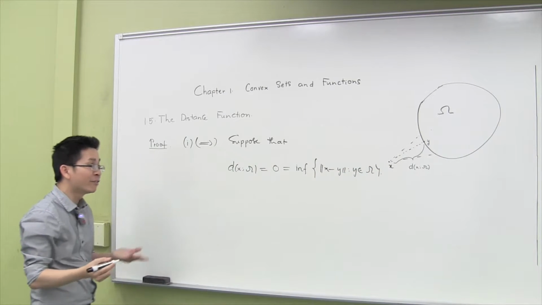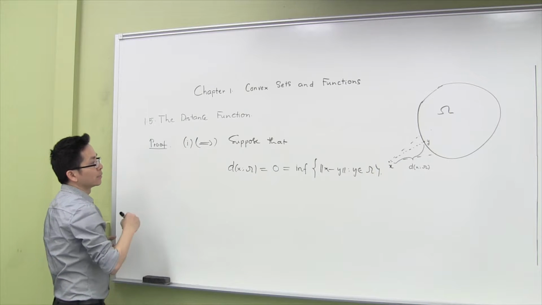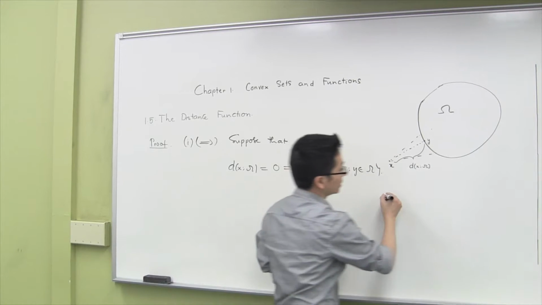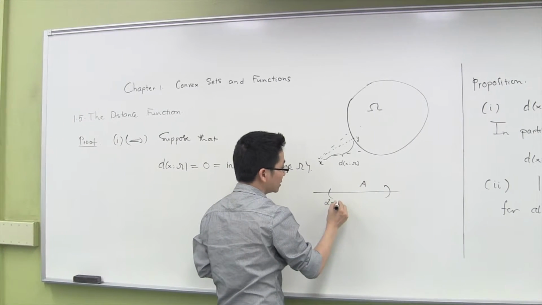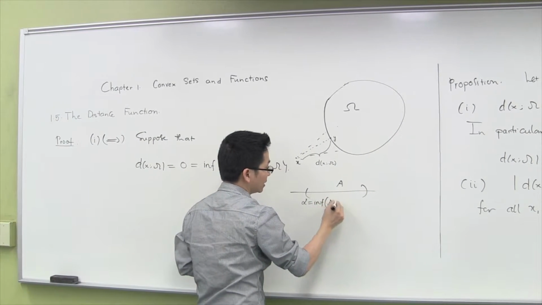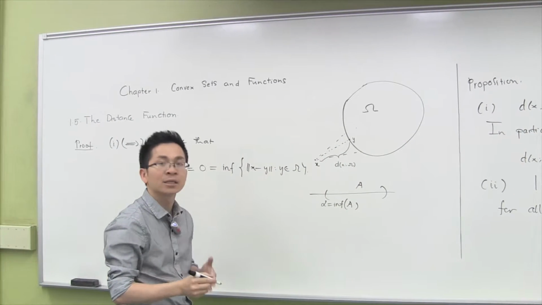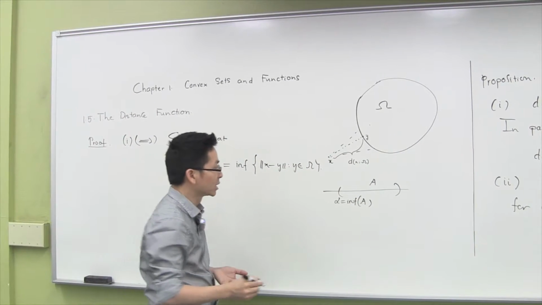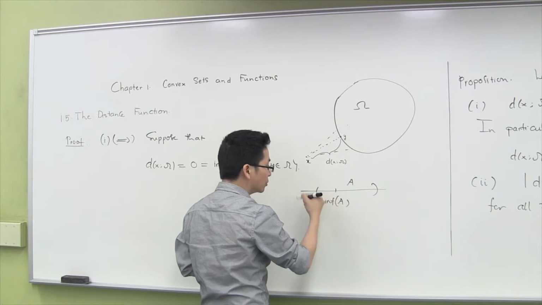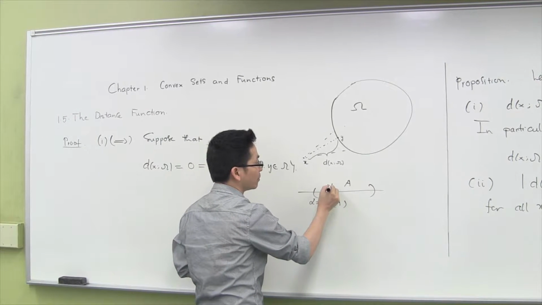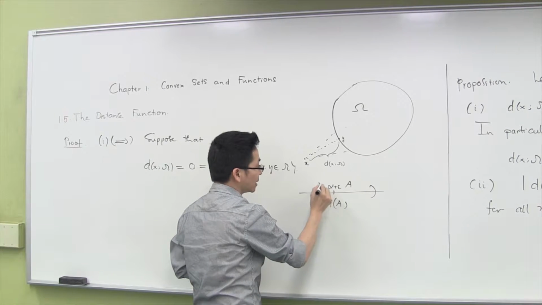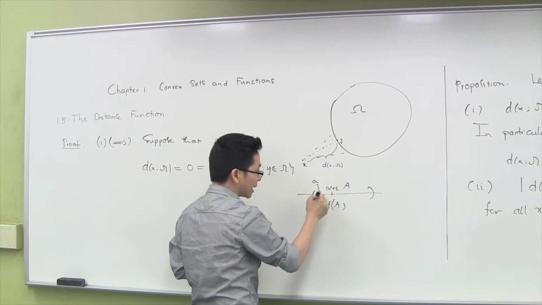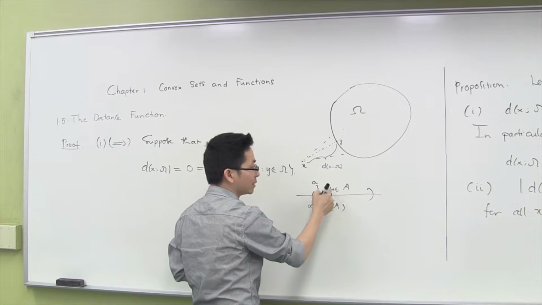Now, by the definition of infimum, here this is a set A, and alpha here is the infimum of A. That means alpha is the greatest lower bound of A. So now if we add a little bit to the infimum of this set A, then there exists an element a that is in A and it is less than this number.